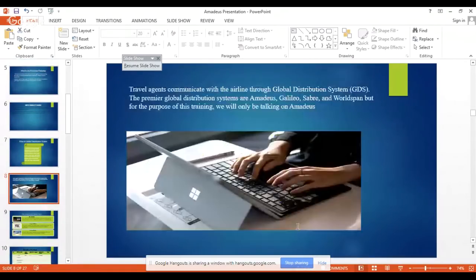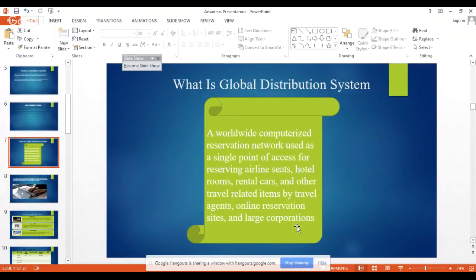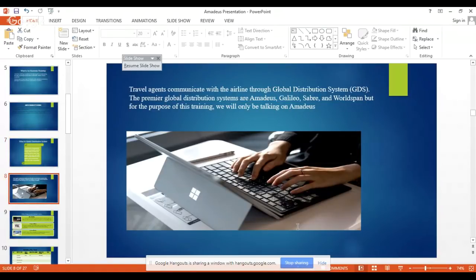It is not only airlines that use GDS. GDS is short for global distribution system. The same goes for hotels, car rental, and rail. We book them through GDS as well.